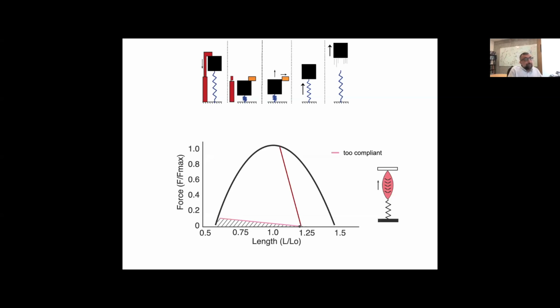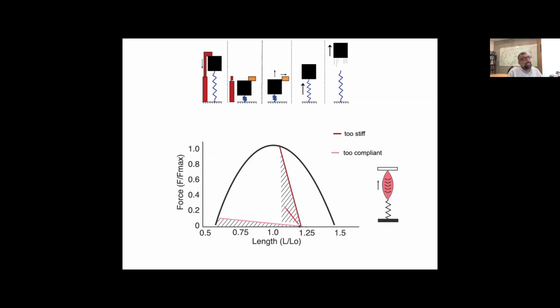If we're too stiff, there's very little shortening that's occurring in the tendon, so the muscle effectively is more isometric with little shortening of the tendon itself, and so the area under that curve is also a little bit small.